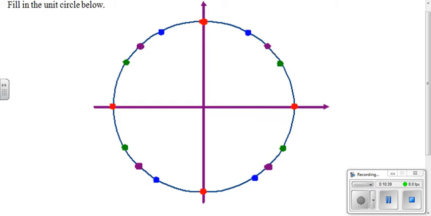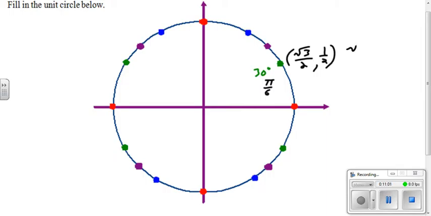So this one is 30 degrees, which converts to pi over 6 radians. The coordinates for that are going to be √3 over 2, 1/2, in which case we do 1/2 over √3 over 2.